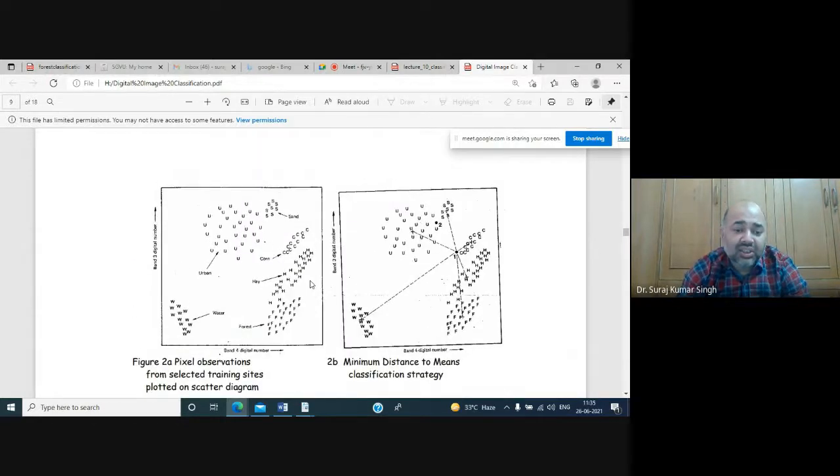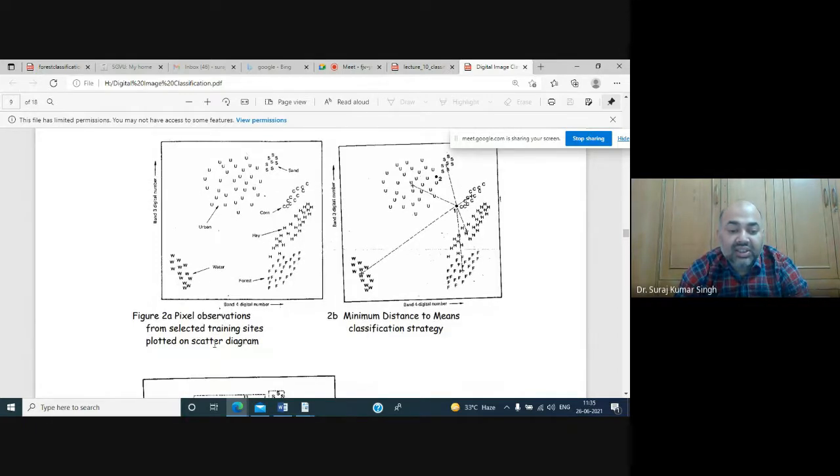So what you see is a band 4 image which represents water, forest, hay, corn, sand, and urban area. Pixel observations from the selected data sites are plotted in a scatter plot. This is the pixel size that we have taken. Now we want to classify these two unknown pixels, to find out which class they correspond to.